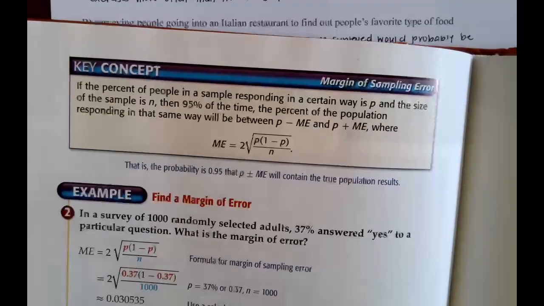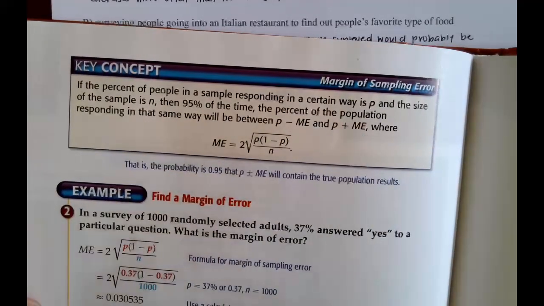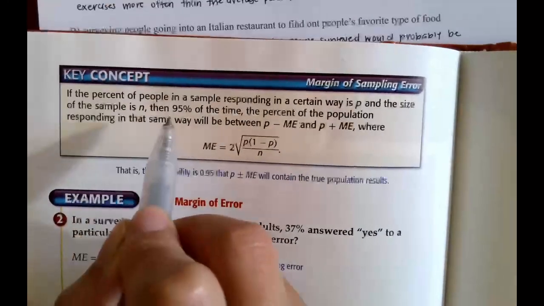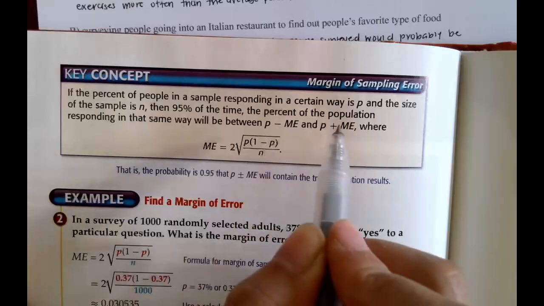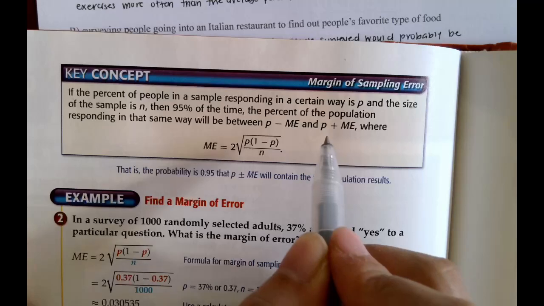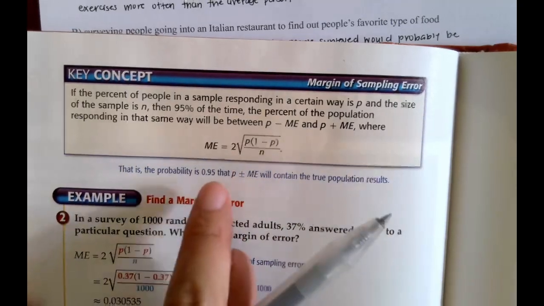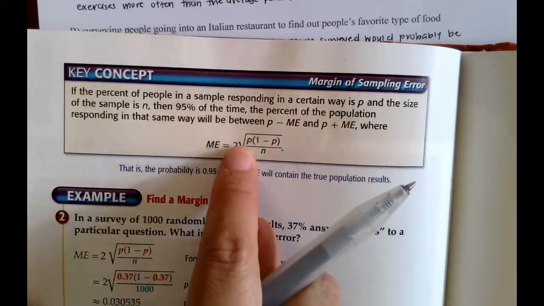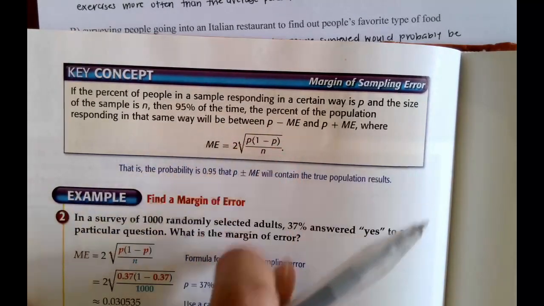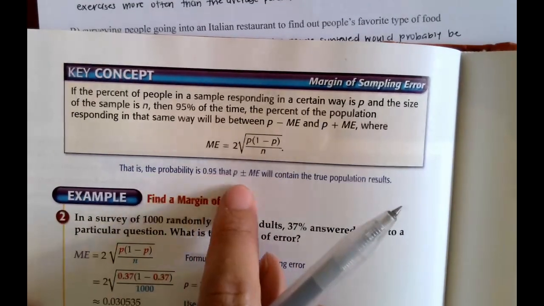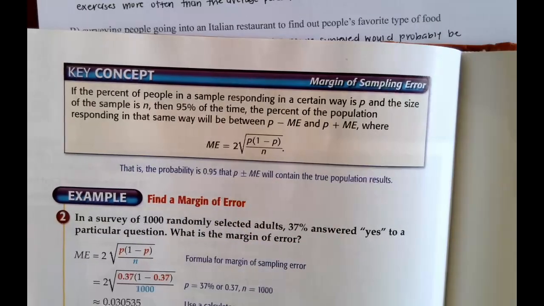If the percent of people in a sample responding in a certain way is P, and the size of the sample is N, then 95% of the time the percent of the population responding in that same way will be between P minus ME and P plus ME, where the margin of sampling error equals 2 times the square root of P times (1 minus P) over N. So the probability is 95% that P plus or minus ME will contain the true population results.